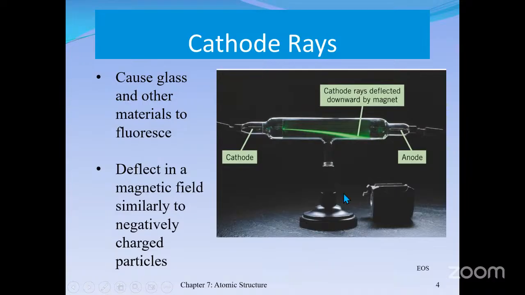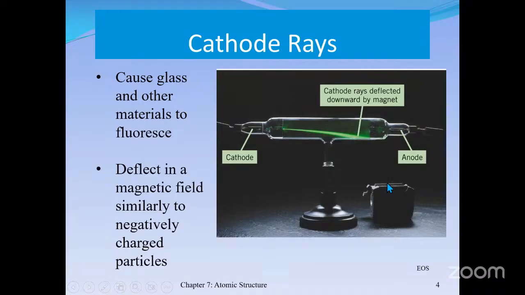As you can see in this replica of the same experiment, you have a stream of particles produced by the cathode, but because of the presence of this magnet, the stream of particles is deflected downward towards it. Something similar will happen in the presence of an electric field: the particles will deflect to the positive part of the electric field.